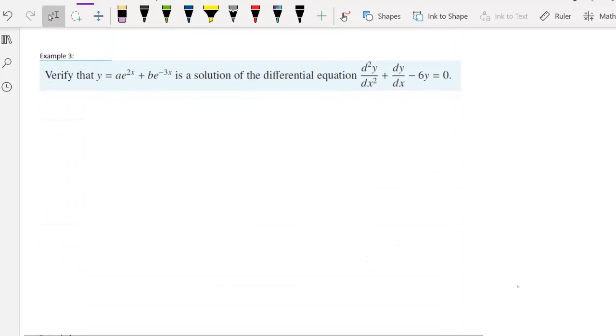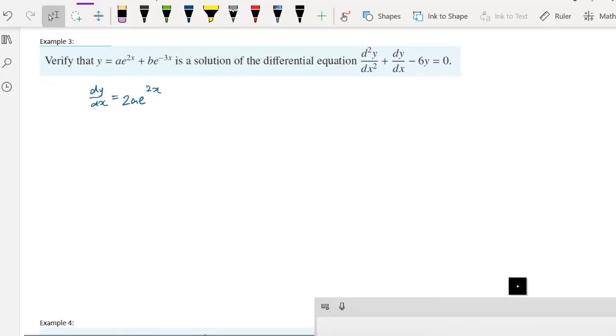We want to go one step further and show that y is equal to ae to the 2x plus be to the negative 3x is a solution of the differential equation. Again, it's the second derivative plus the first derivative, take away 6 times the original function is equal to 0. So we want to first find dy/dx, and that will be 2ae to the 2x plus, well, it won't be plus, will it, because we're multiplying by negative 3.